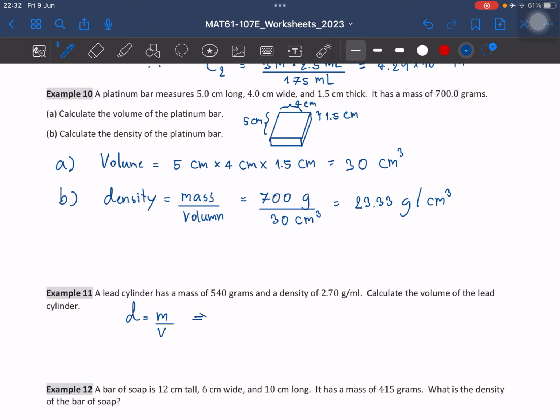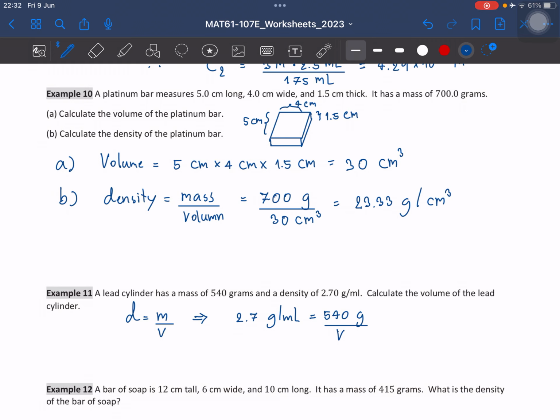So now you have 2.7 gram per milliliter equal to mass, 540 grams, divided by volume.